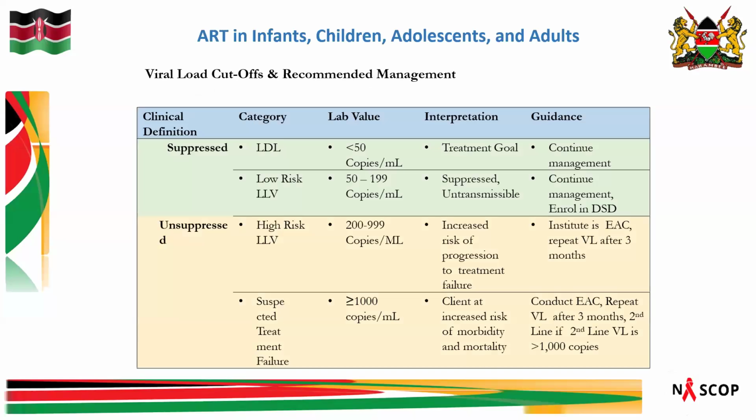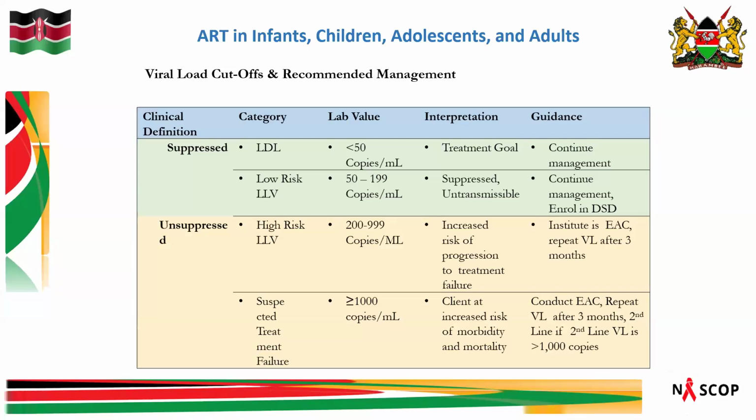So for us to be able to say somebody is suppressed or unsuppressed, these are the cutoffs. We have two categorizations in the definition of suppressed, that is LDL and low-level viremia. For you to be LDL, you have to have less than 50 copies per ml. The interpretation is that you have attained the treatment goal and you should continue with management.